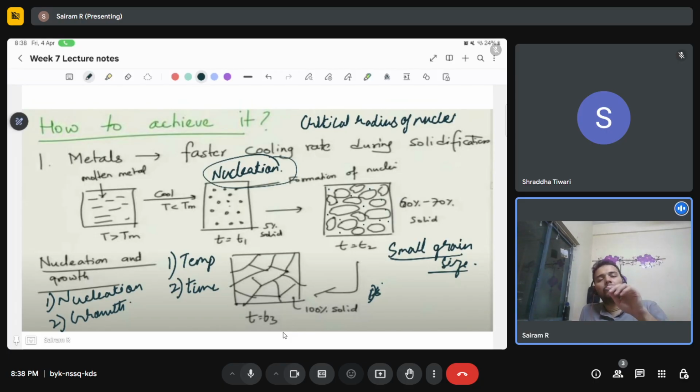Only when we allow time at any given temperature, or the cooling rate is relatively slower, are we allowing time for the growth of the nuclei that formed initially, right? When we don't allow time for the initial nuclei to grow at all, we can achieve very fine microstructures by fast cooling rates.